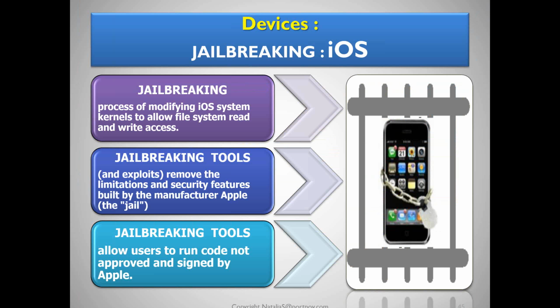Some models, like for example the iPhone 5, for some reason are significantly harder to jailbreak than the older versions, like for example iPhone 4 or iPhone 3GS. So the best thing is just Google it on the internet, and see what kind of jailbreaking tools are applicable to your device and fit perfectly to your device.